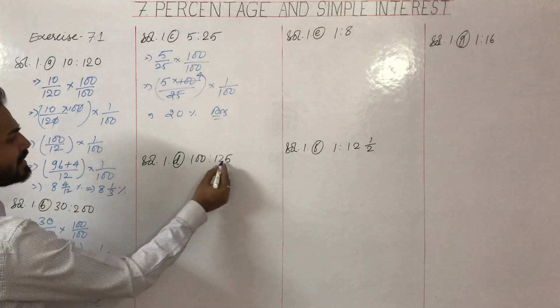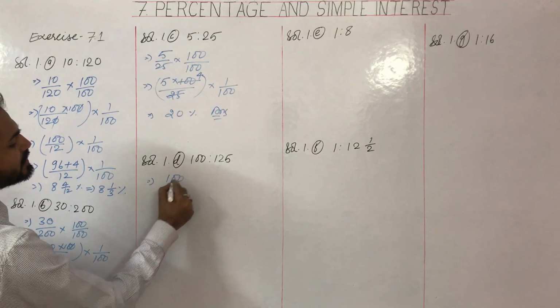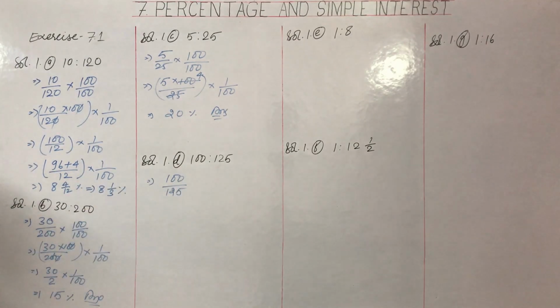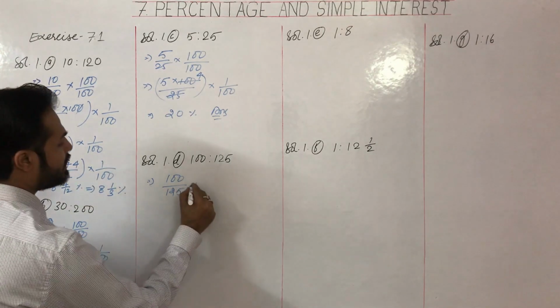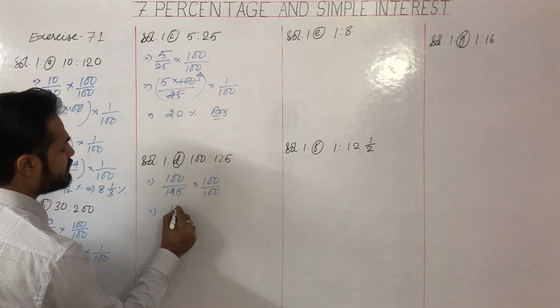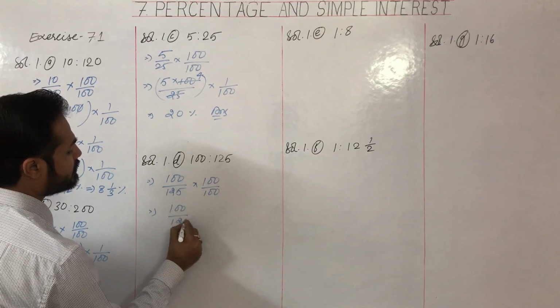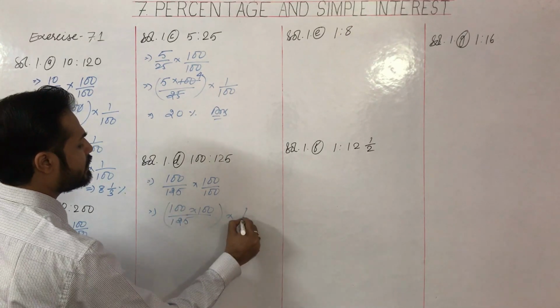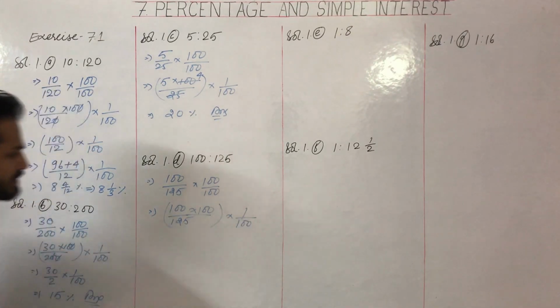Next, 100 by 125. Again the method is the same. Write this ratio in fractional form, then multiply by 100 by 100. And in the next step, 100 by 125 into 100 into 1 by 100.